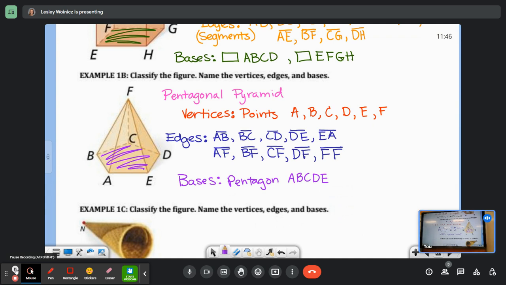Not F, because F is in a different plane. Remember when we named planes, we just needed three coplanar points that were non-collinear? To name a shape, we need the vertices for that shape. Cool?